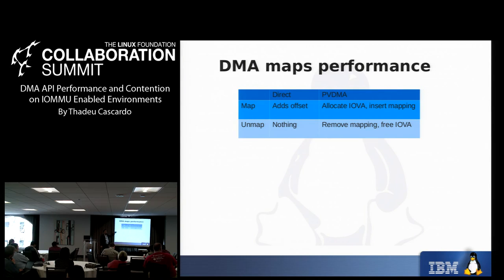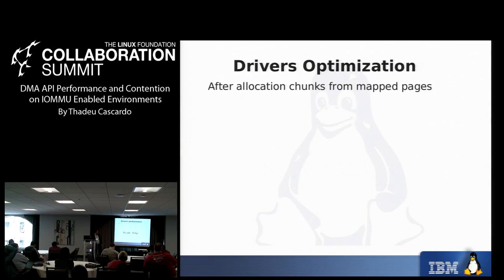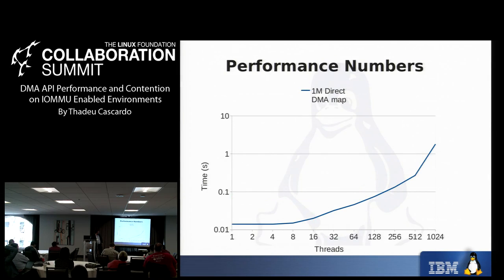So just add an offset while mapping, and unmapping does almost nothing. In that case, we have the same behavior, but the difference is that it takes much less time.